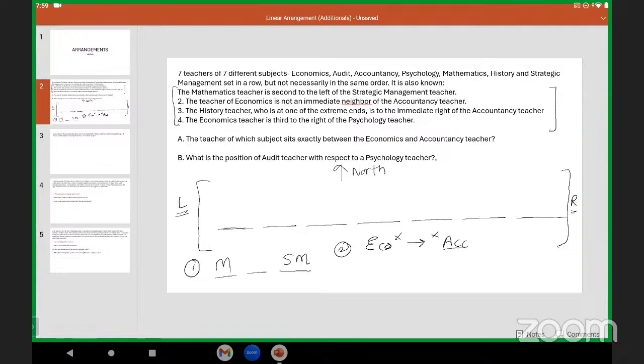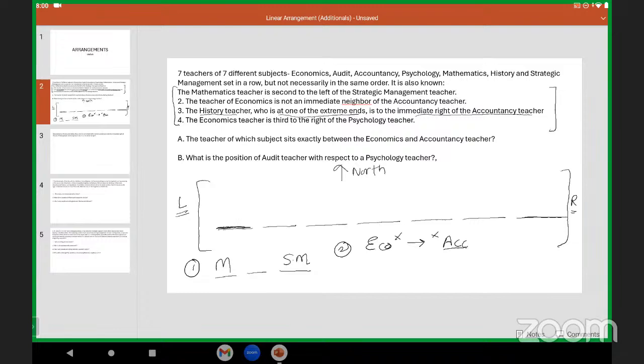So what is given, the history teacher who sits at one of the extreme ends is to the immediate right of accountancy teacher. So the possibility of history teacher can be over here and it can be over here, any of the two ends. But history teacher who is at one of the extreme ends is to the immediate right.